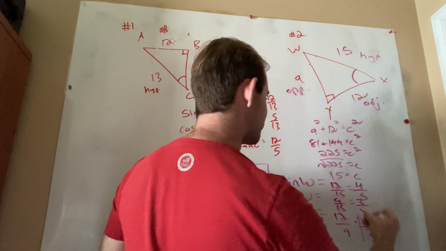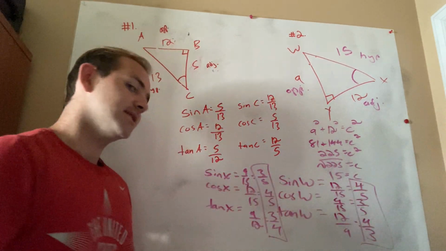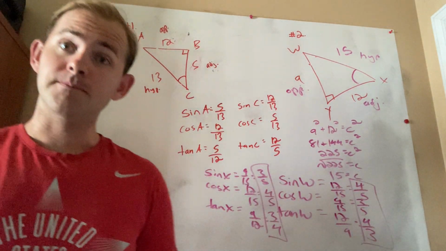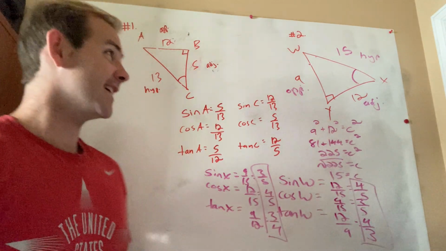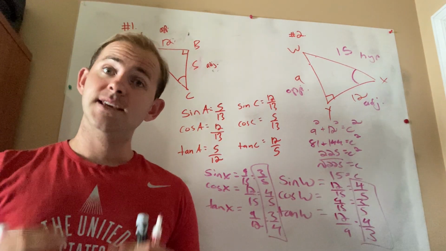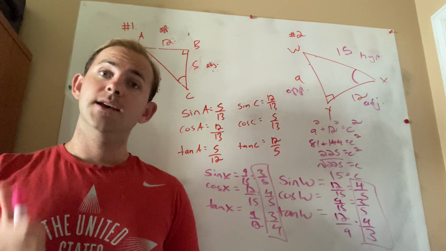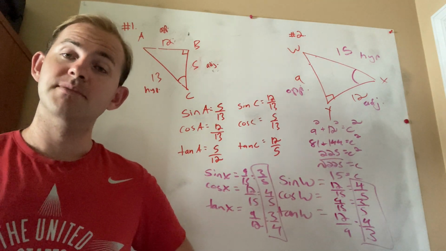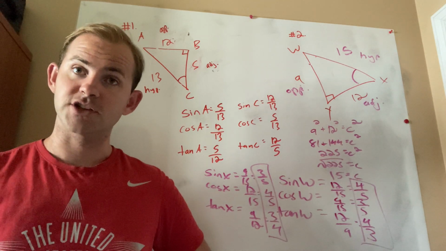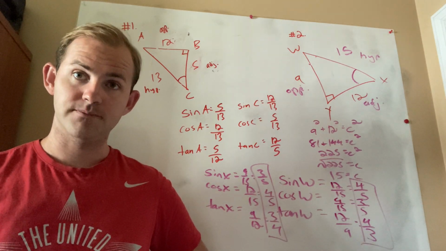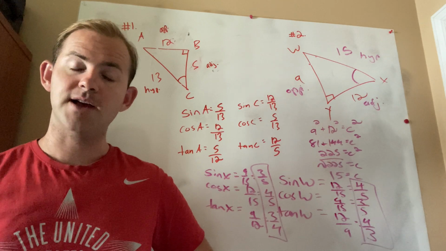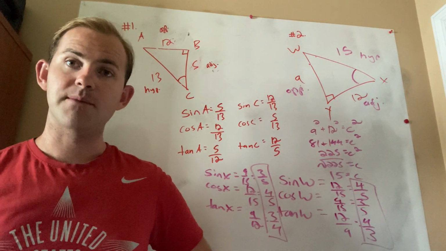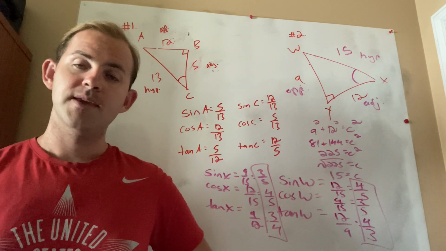All right, let me make sure I write these here. So, in sum, no pun intended, the key here is twofold. Number one, you must remember your trigonometric ratios. You have to remember the definitions of sine, cosine, and tangent. That's non-negotiable, as in sine opposite over hypotenuse, cosine adjacent over hypotenuse, and so on and so forth.